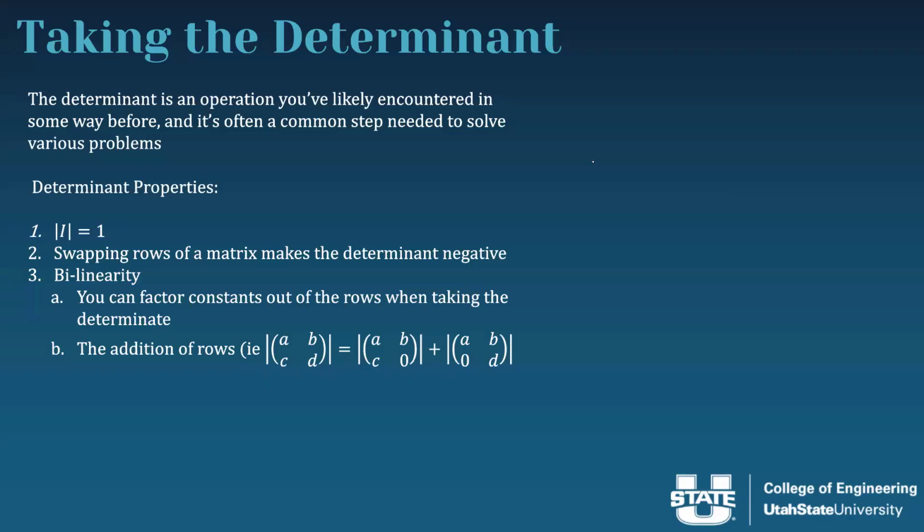So if we do 2 row swaps in our matrix, then our determinant will come back positive, right? Every time, it just flip-flops. And then we can also factor constants or scalars out. If we factor a scalar out of the matrix, that will be scaled out of the determinant as well.